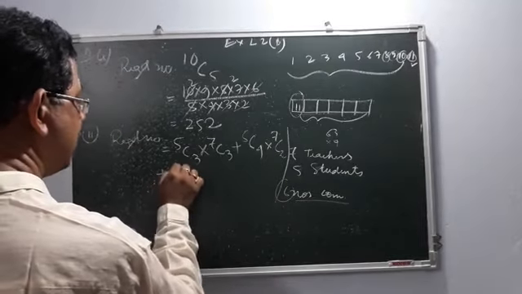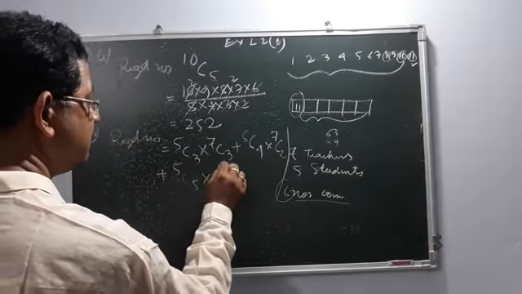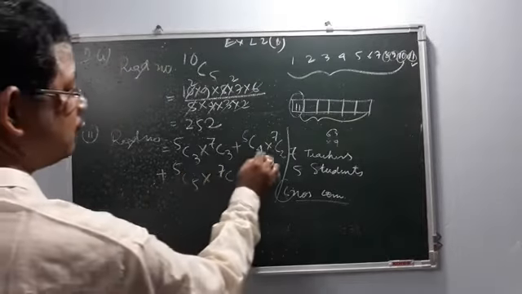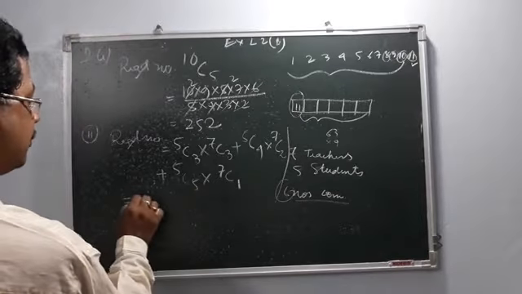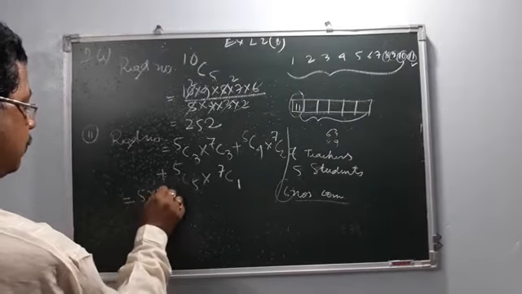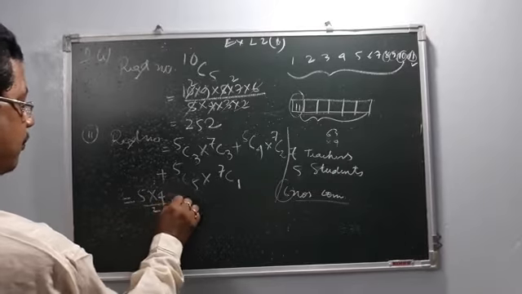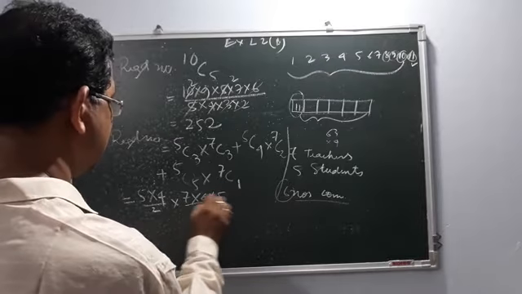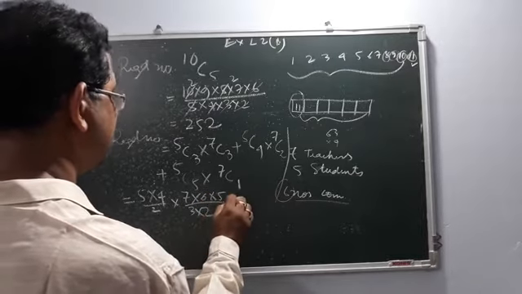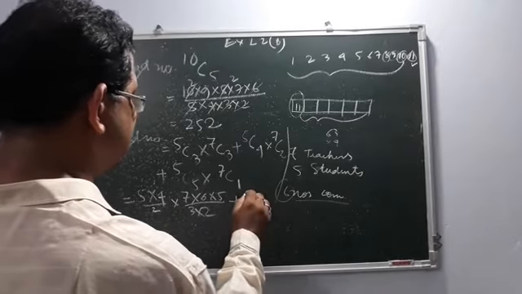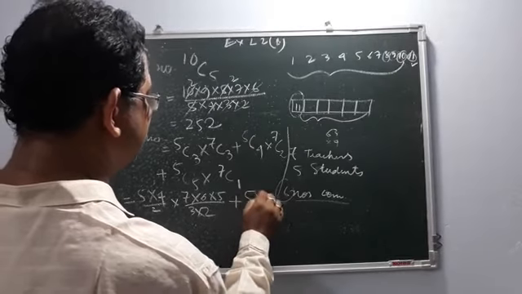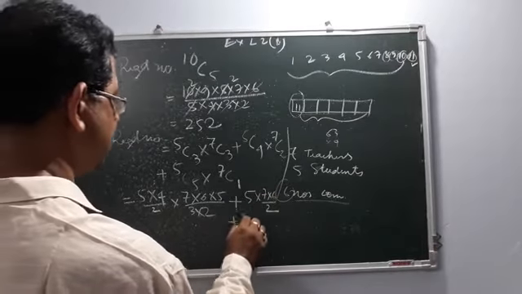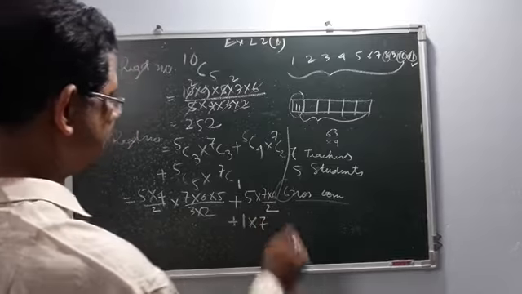Then we take 5C4 into 7C2, and 5C5 into 7C1. 5C3 is 5 into 4 divided by 2. 7C3 is 7 into 6 into 5 divided by 3 into 2. Plus 5C4 is 5 and 7C2 is 7 into 6 by 2. 5C5 is 1, 7C1 is 7.